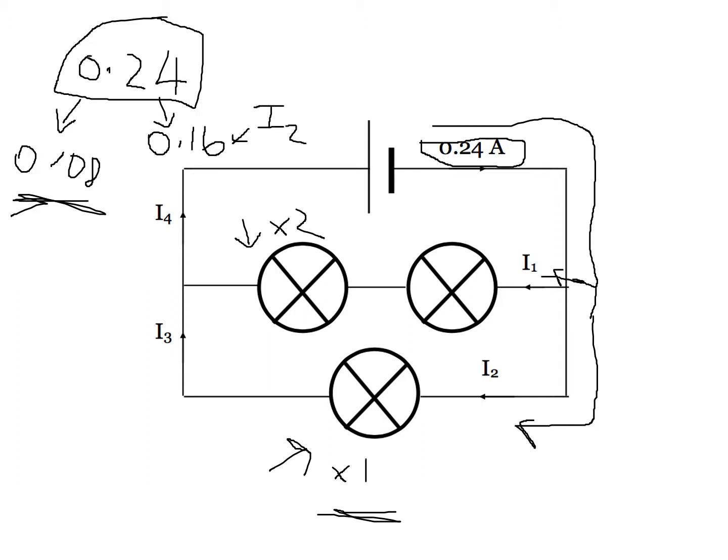And then I1 is here, because remember, there are two bulbs compared to the one, so the current must be half the current in I2. Okay, and then obviously from there you can work out that I3 must be the same as I2, and I4 is the same as 0.24 amps, because by this point here the 0.08 has combined with the 0.16 amp.